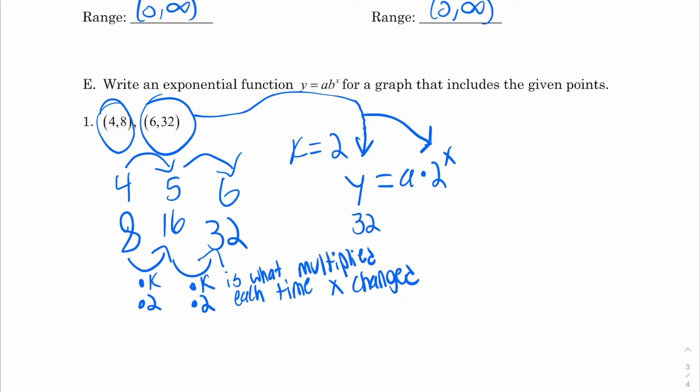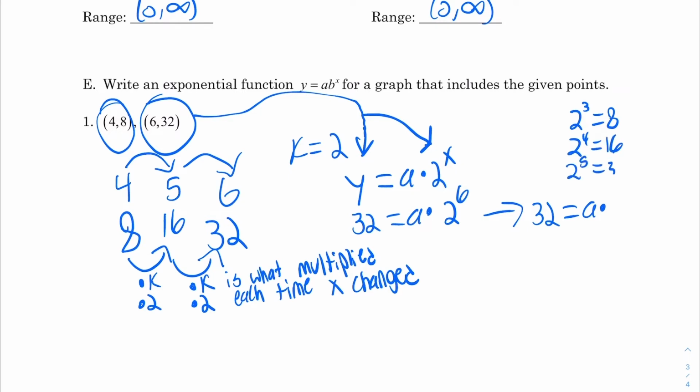The y is 32. 32 equals a times 2 to the power of 6. 2 to the third power is 8, 2 to the fourth power 16, 2 to the fifth power 32, which means the sixth power is 64. Since a is the only letter we don't know, then we'll divide by 64, and we get 1/2 for a.